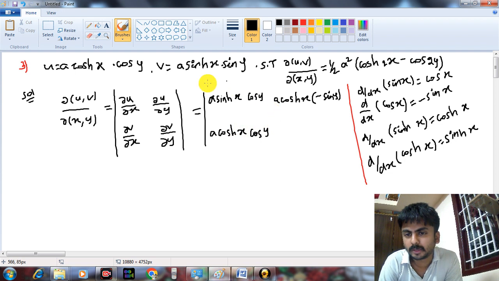Now with respect to y, a sinh x will be constant, into the differentiation of sin y, which is cos y.